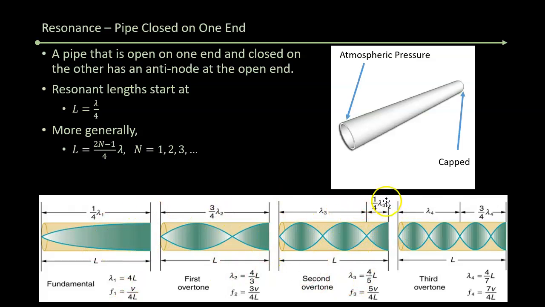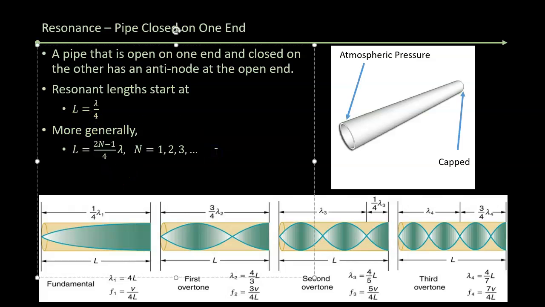This is 5/4. This is 7/4. And if you solve for lambda, lambda is 4L, lambda is 4/3 L. And so the length here more generally looks like this.